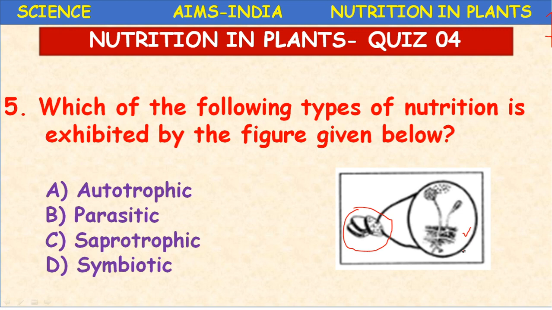Generally in rainy season and winter season, when the food material is not stored properly, on the pickles as well as the bread and on chapatis also, a layer of this fungi will grow. Okay. This type of nutrition is called, which type of nutrition? Saprotrophic nutrition. Example, mucor, bread mold. Okay.